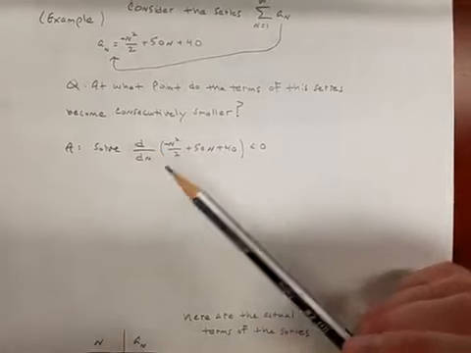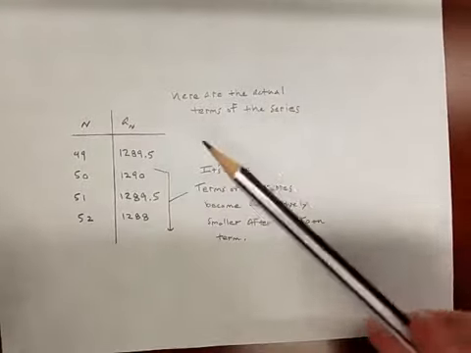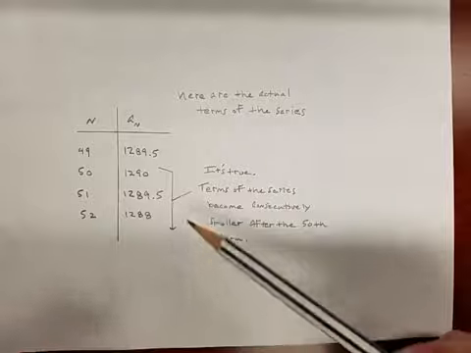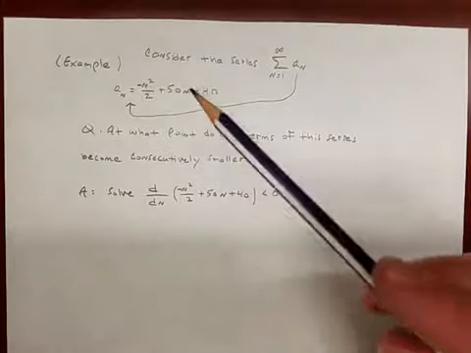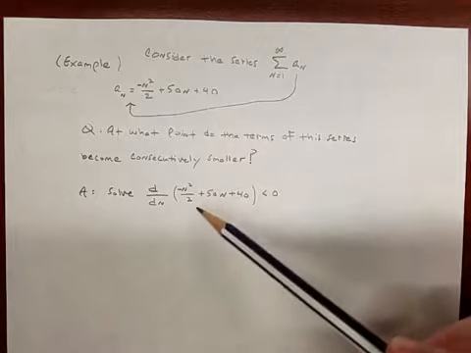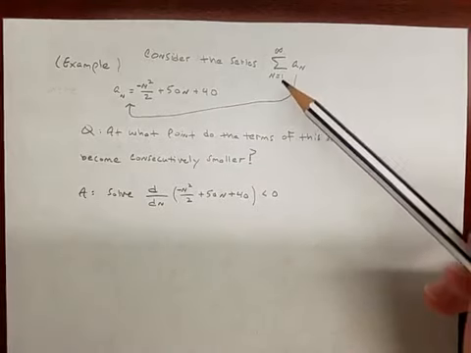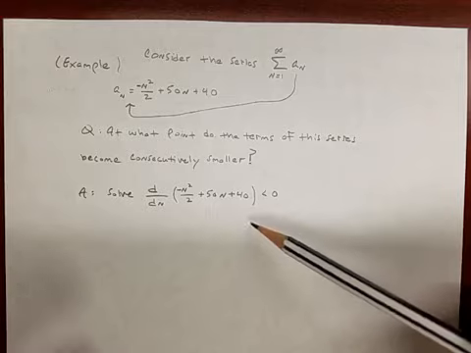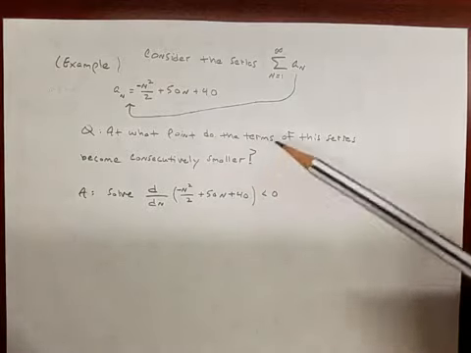The way that we do that doesn't involve making some table and taking forever to do it, relying on some luck to find the point where that happens. The way that we do it is if the derivative of this formula were negative across some region of the n, then the terms would be getting smaller within that interval.